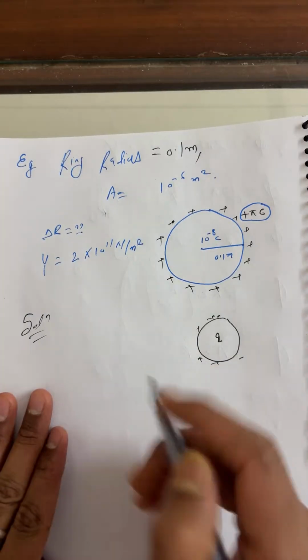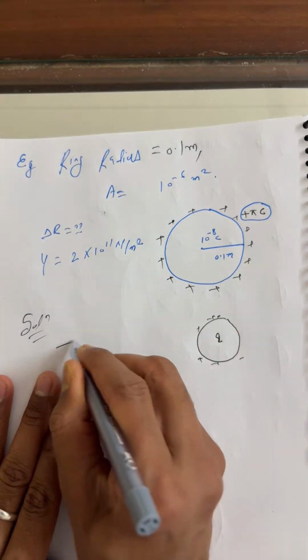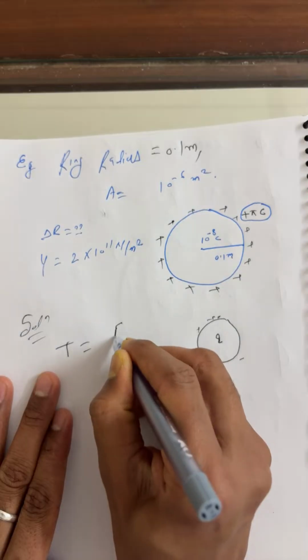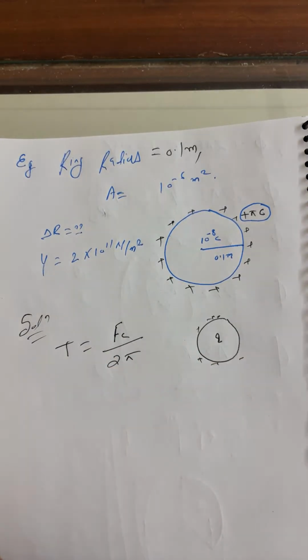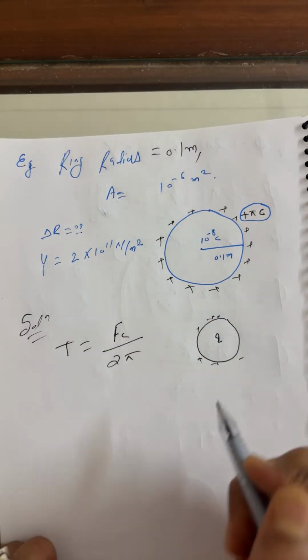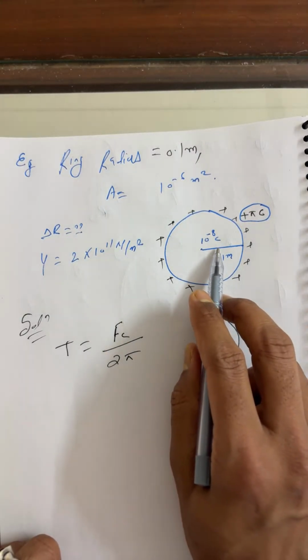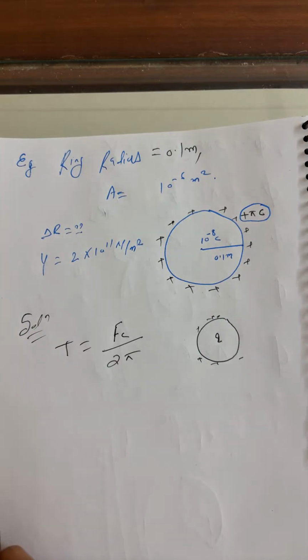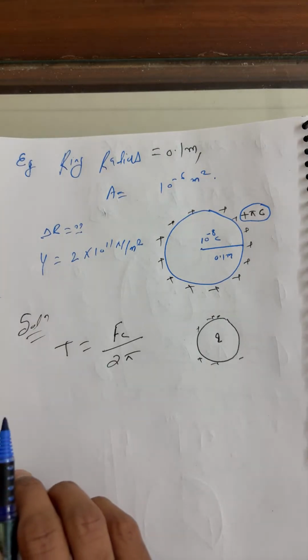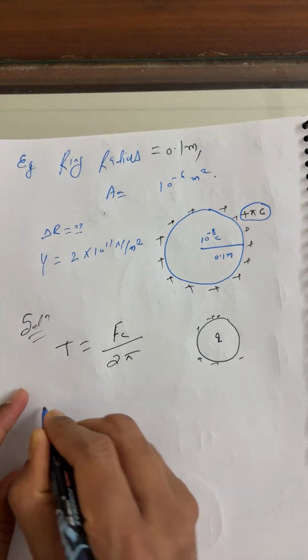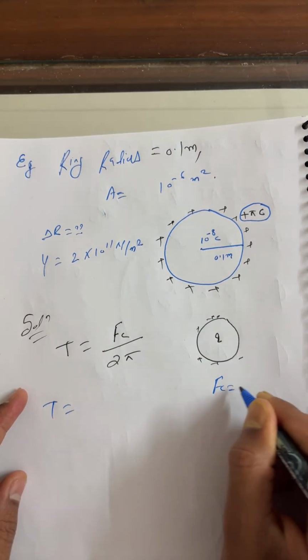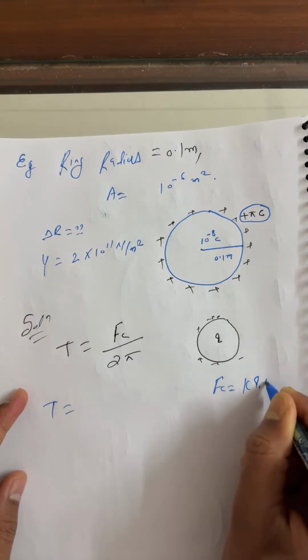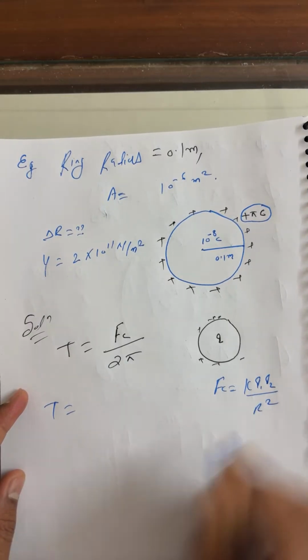For getting the tension here, what can you apply? Simple: FC upon 2 pi. And who is playing the role of FC over here? The electrostatic force. FC is nothing but K Q1 Q2 by R square.